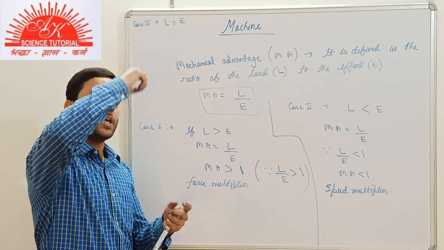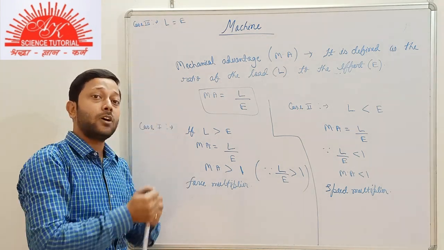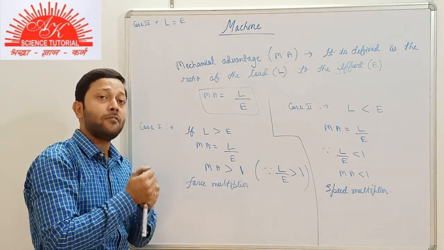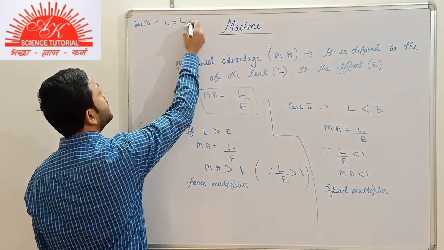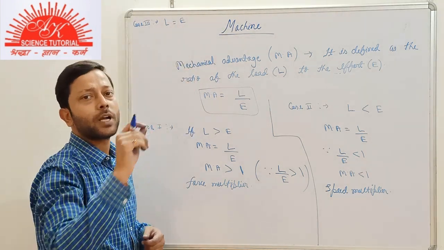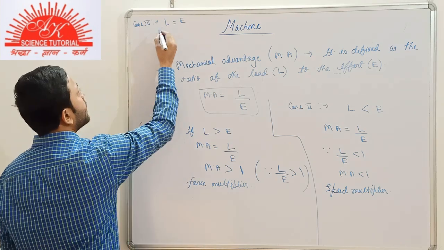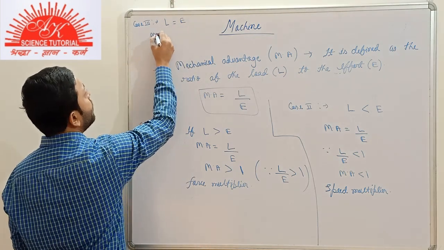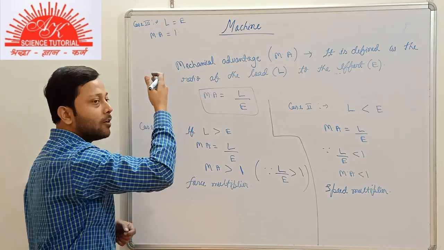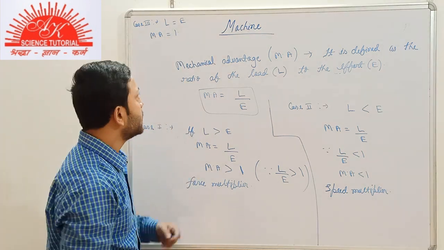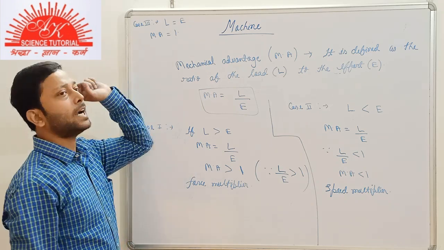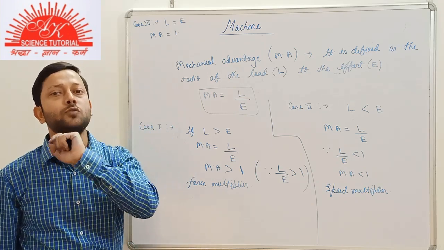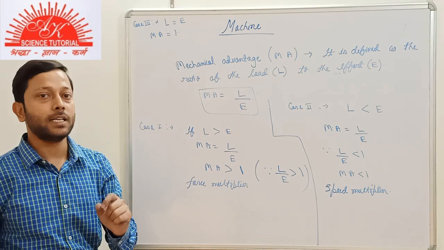By using the pulley, we can apply the effort in a downward direction. That is convenient for us. So in that case, there is no gain in speed and no gain in force. L is equal to E. Now what will be the MA over here? Obviously it will be equal to 1. If you are provided with the information that a machine has MA equal to 1, what kind of machine is it?